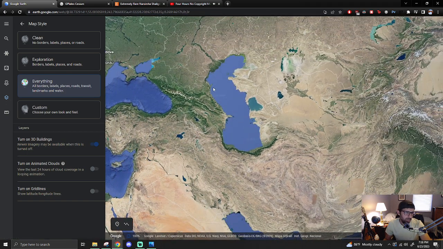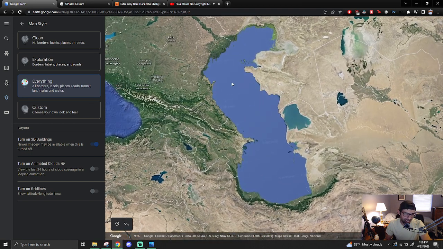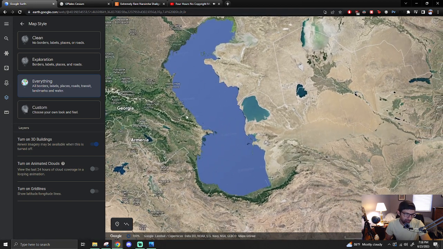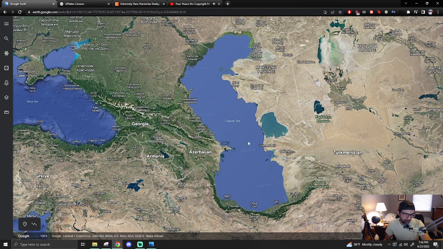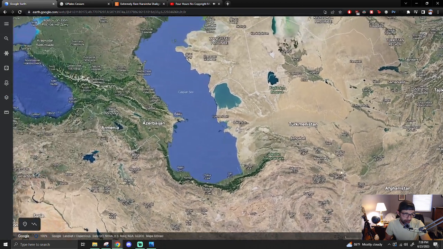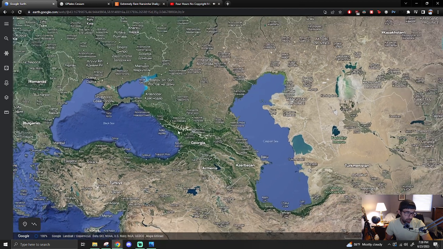Just making sure. Yeah, Caspian Sea. So here, this under batholith kind of ends. Maybe it goes up into this terrain actually.